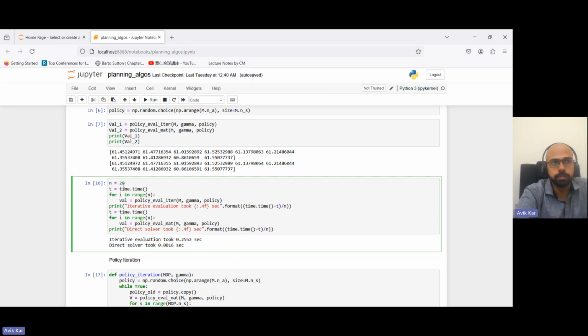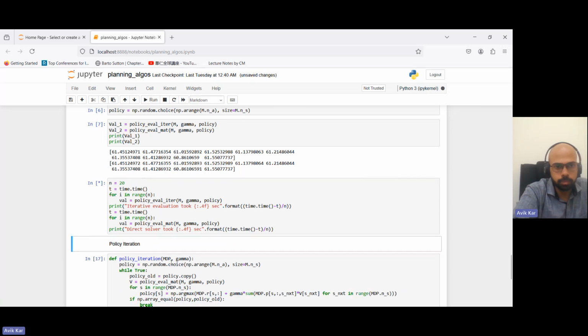Intuitively, the matrix-based method is just one step: it's inverting the matrix and multiplying the vector. But for the iterative method, we do not know how many steps it will take, so it may take much time. So here we are running both algorithms 20 times, averaging the time taken and printing it. Let's see how much.